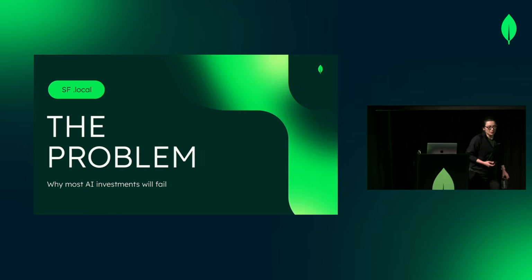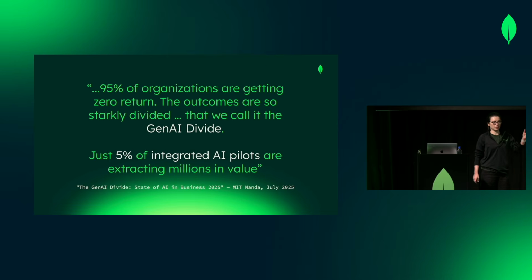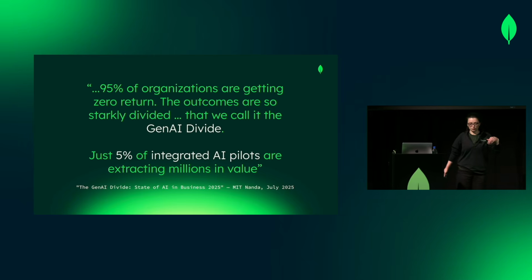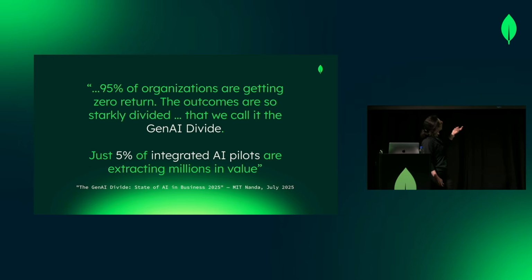We've all seen this MIT paper from the Nanda group, and they had this number that 95% of these pilots are terrible and not doing anything good, but there are 5% that do really well, bring a lot of value, and are very useful. They call this the Gen AI divide.